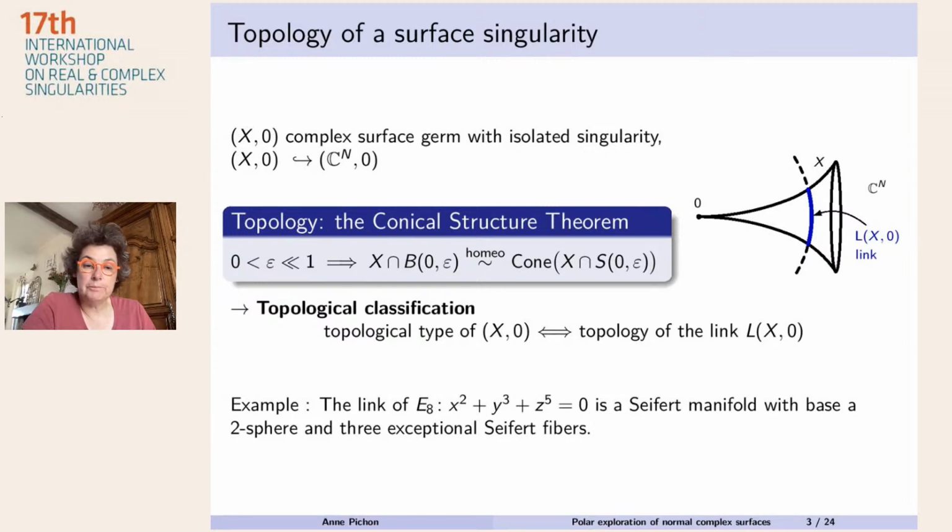For example, take the link of the singularity E8, the classical hypersurface in C^3 with equation x² + y³ + z⁵ = 0. Then the link is a Seifert manifold with base a two-sphere and three exceptional Seifert fibers. So it is a very well-known result.